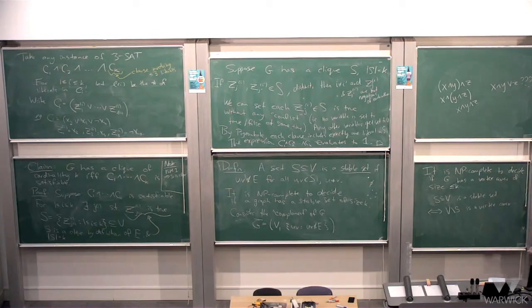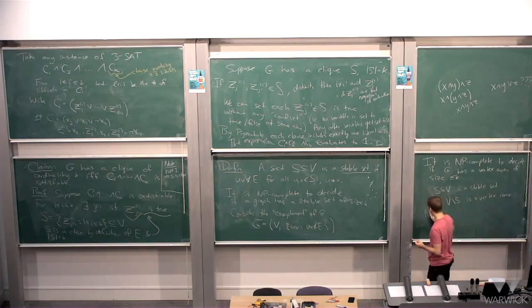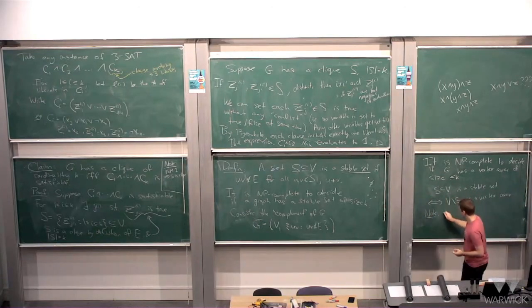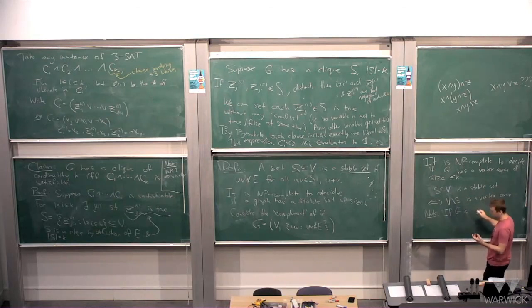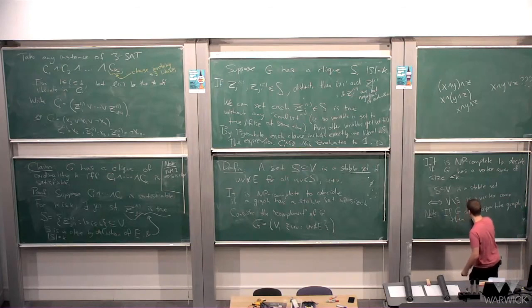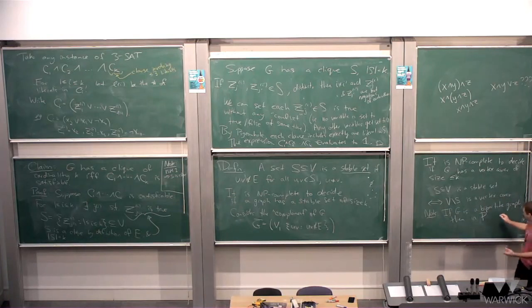Which is sort of weird because, remember, if the input graph G is a bipartite graph, then the problem's in P, because we know how to find the biggest matching in such a graph in polynomial time, and by Koenig's theorem.